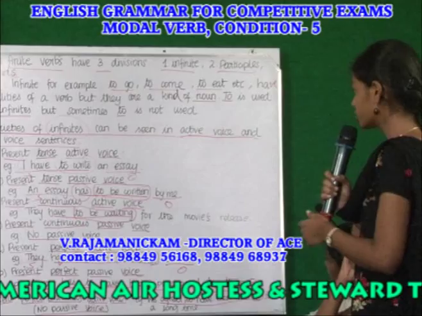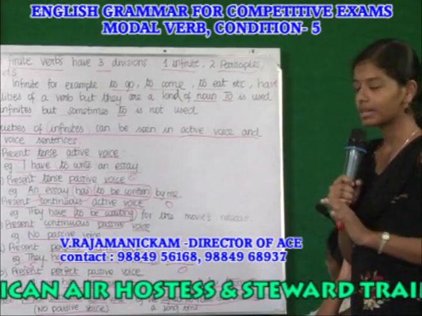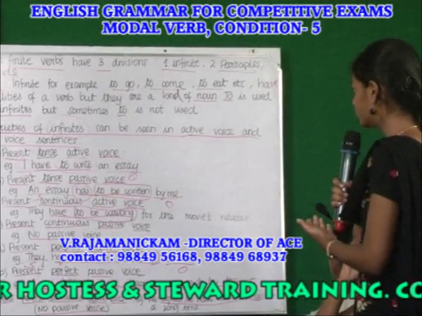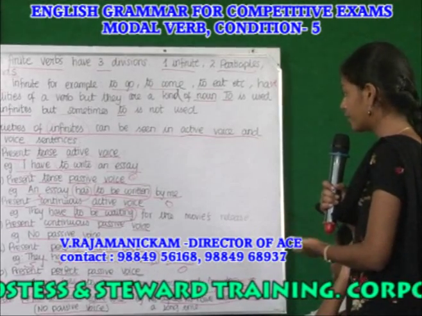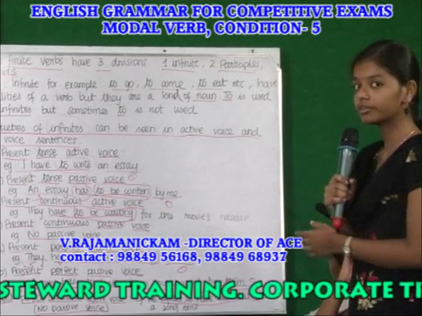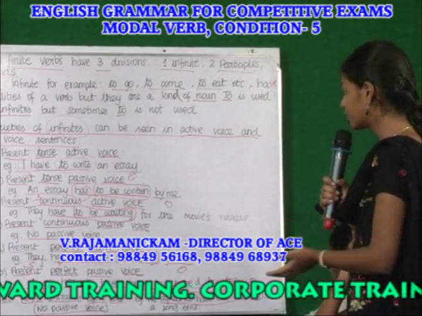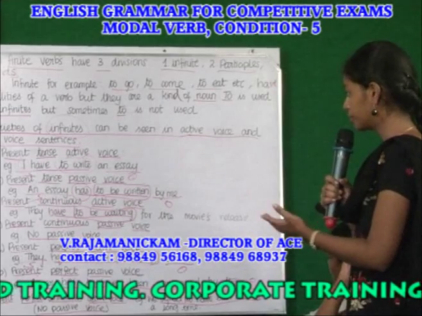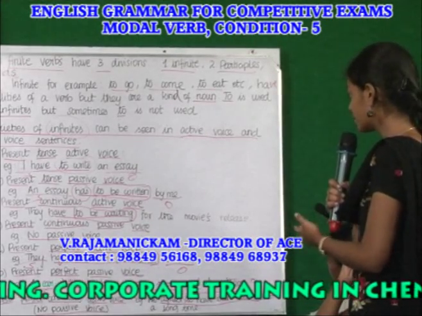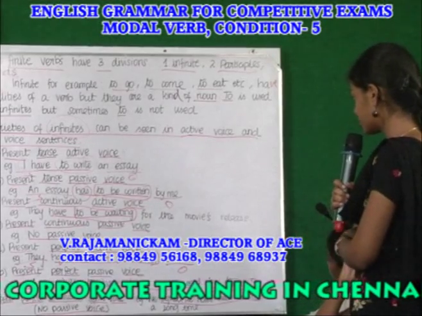Present continuous has no passive voice. Present perfect active voice: they have to have purchased a car. Here have is a verb because it is controlled by they, but to have purchased is not a finite verb because it is not controlled by the subject. Present perfect passive voice: a car has to have been purchased by them.